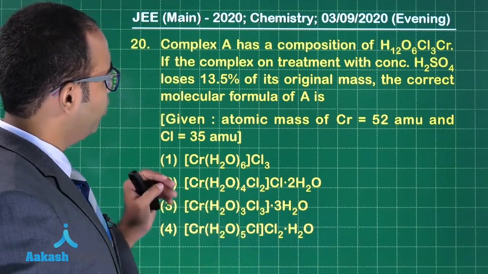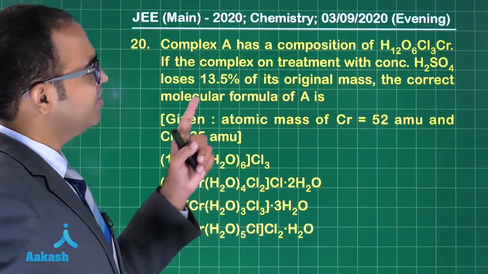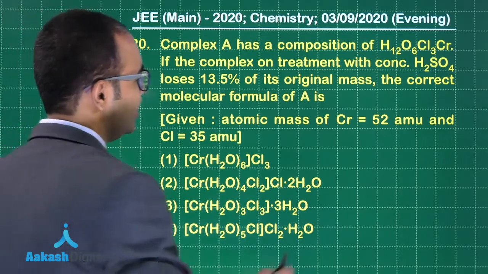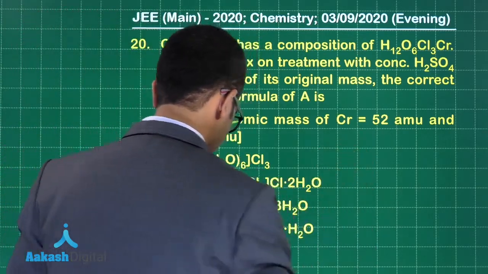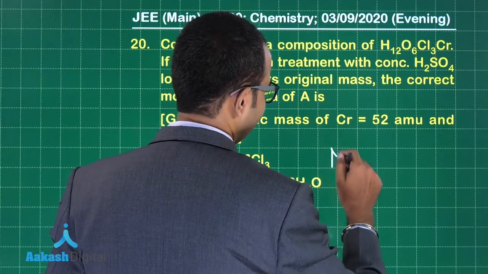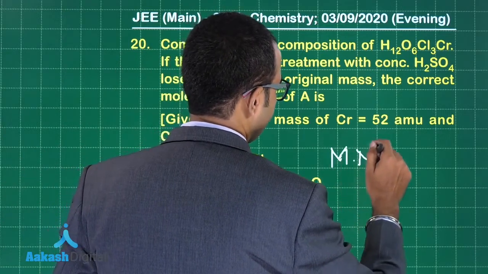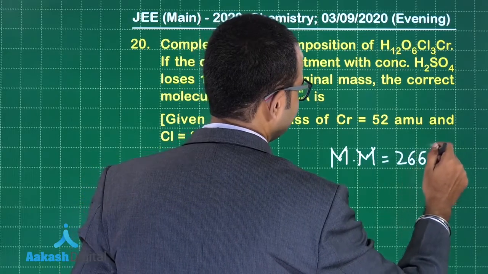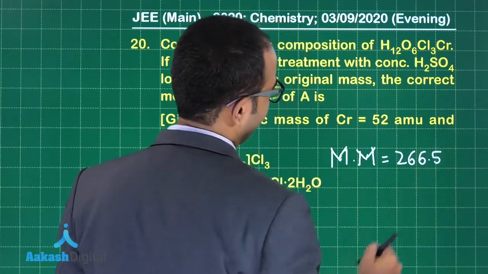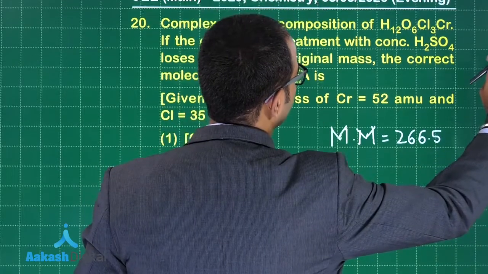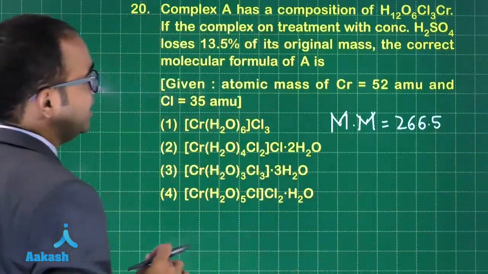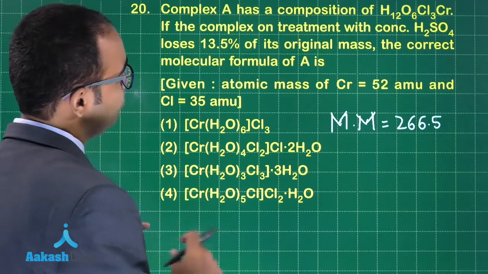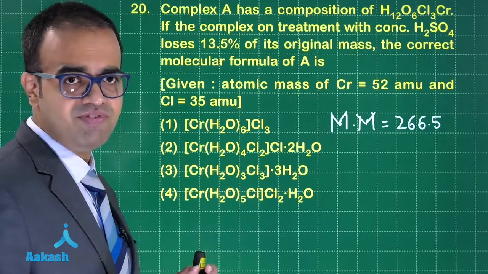Now what we have to do is first calculate the molar mass of the complex. The molar mass of the complex will be 266.5. As the molar mass is 266.5, when you are losing 13.5% of it, so 13.5% of 266.5, that is how much?